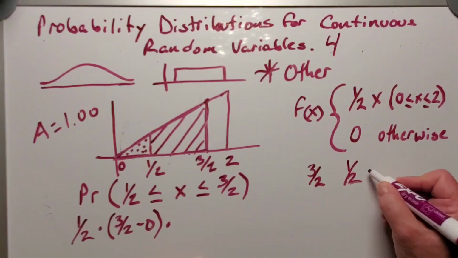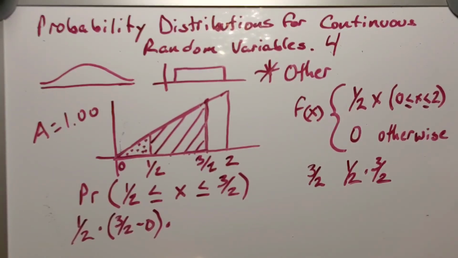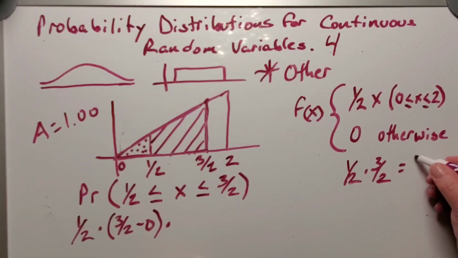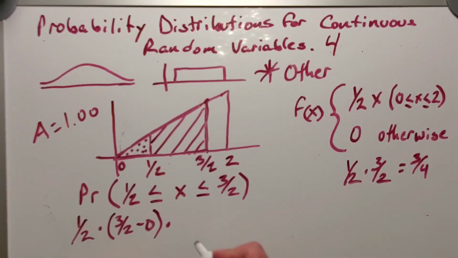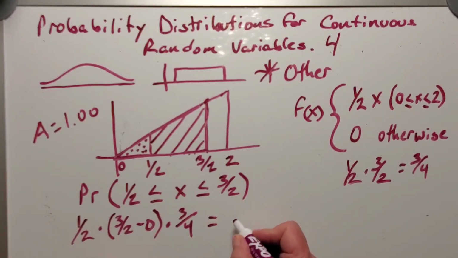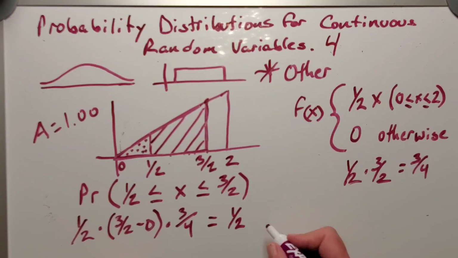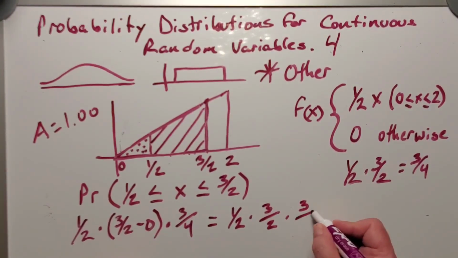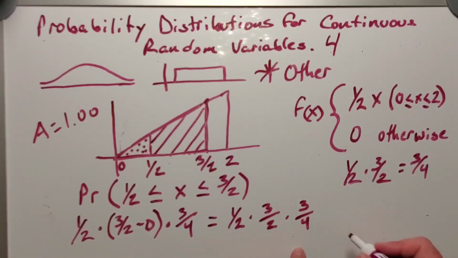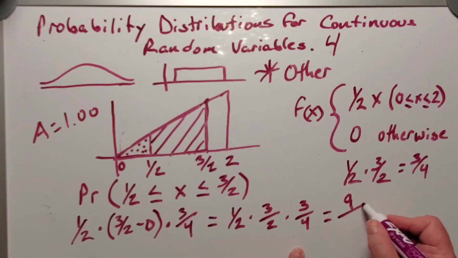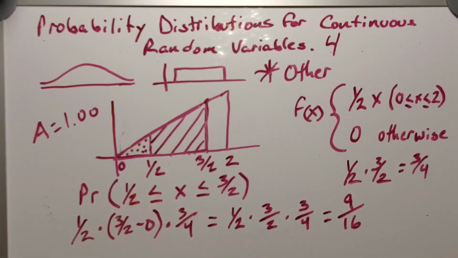So I have 1/2 times 3/2. And I get 3/4. That's the height. 1/2 base times height. At this point, it's just algebra. That will be the same as 1/2 times 3/2 times 3/4. If you multiply it all the way through, you're going to get 9/16. So that's the larger triangle.